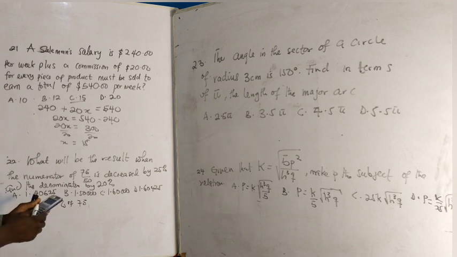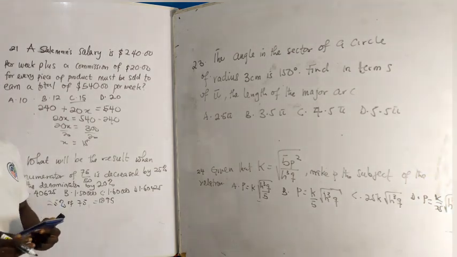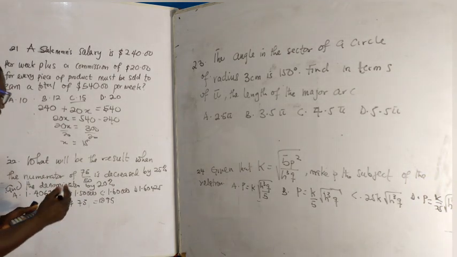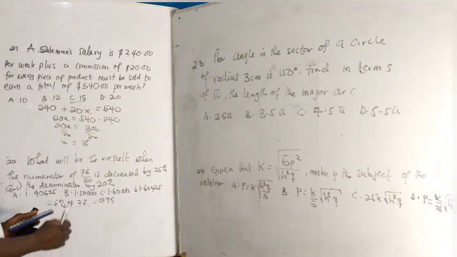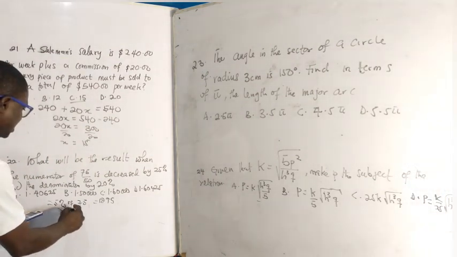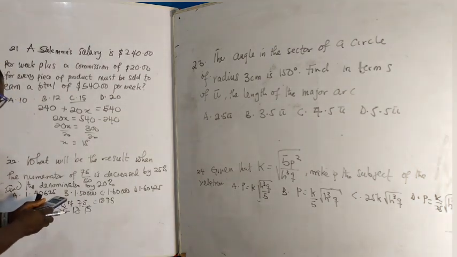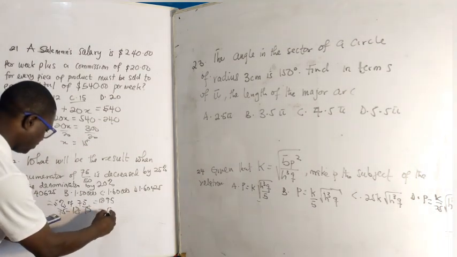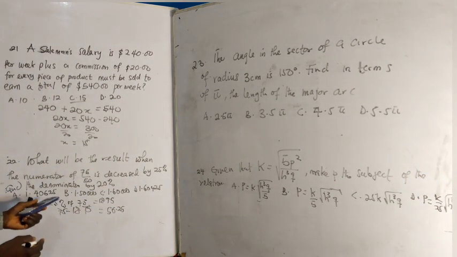That's 25 divided by 100 times 75, and that will give you 18.75. Now let's get the reduction. We have to subtract 18.75 from the 75 because it has been reduced. So 75 minus 18.75 gives you 56.25.